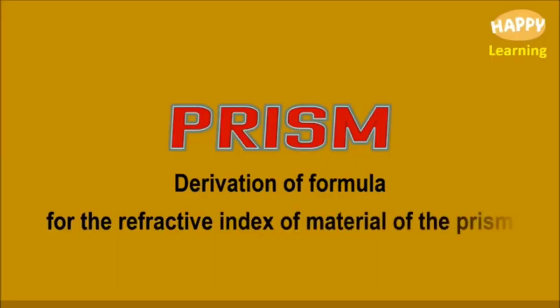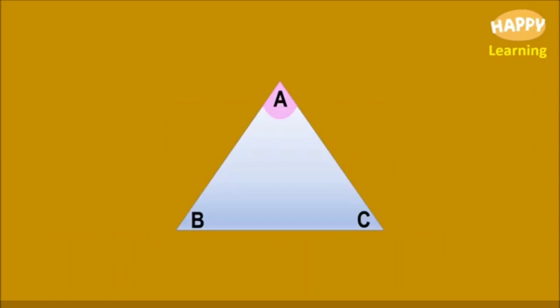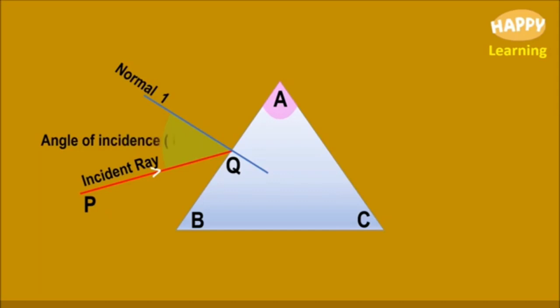Refractive index of the material of the prism. This is a prism ABC. PQ is the incident ray. This one is the normal drawn to the first refracting surface of the prism. Angle of incidence is noted as I1. QR is the refracted ray inside the prism.